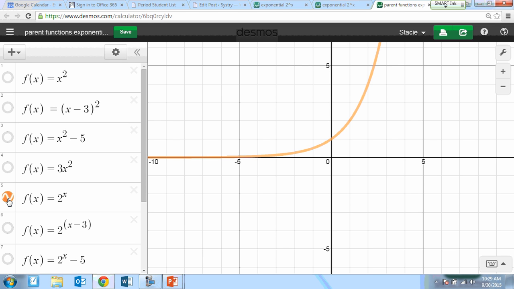What's going to happen if I take away 3 from the x? Up here you told me it moved it right 3. So let's check and see. Does it move it right 3? Absolutely. Okay. So instead of the point 0, 1, we're now over here at 3, 1. We moved it 3 steps away.